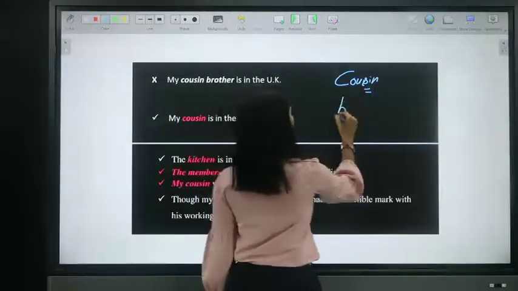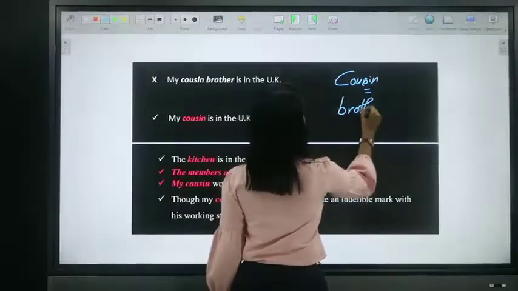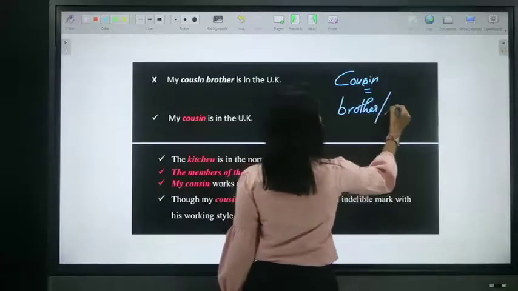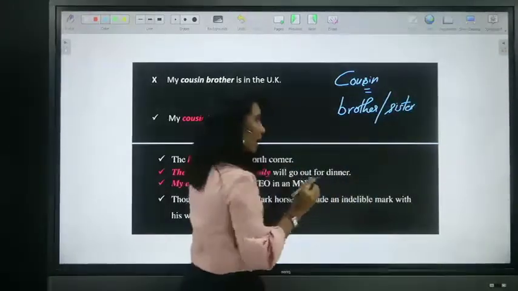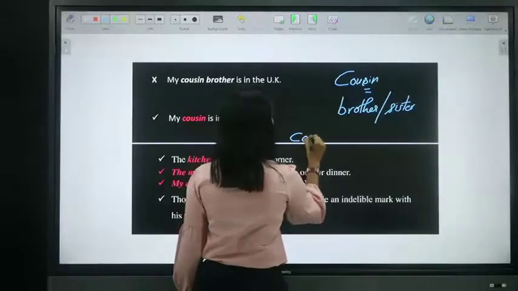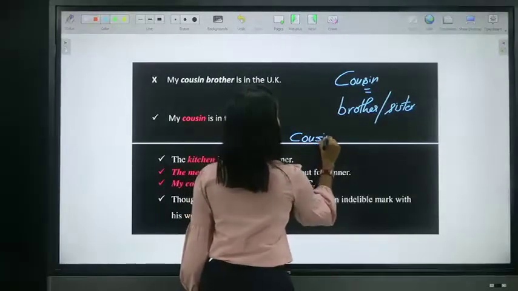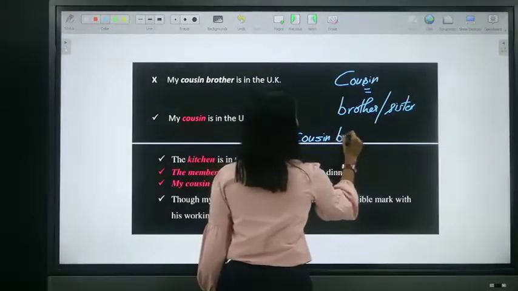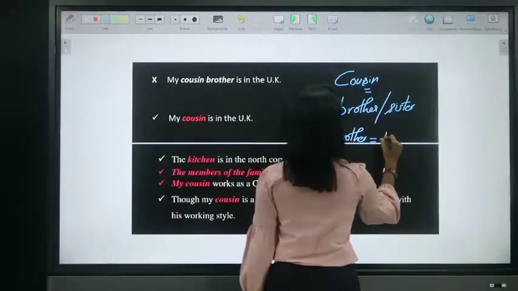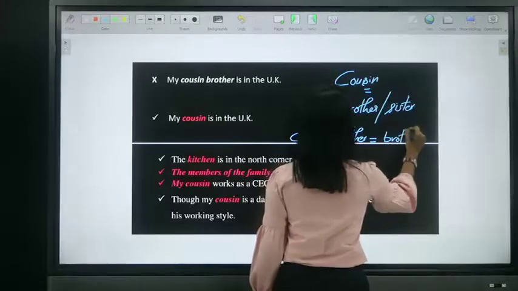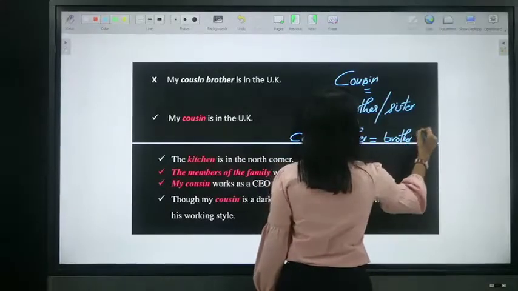So when you are saying cousin, it itself means brother or sister. Now when you use cousin brother, what is the meaning here? The meaning is brother brother.